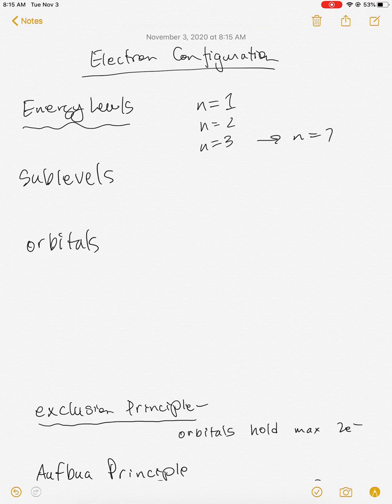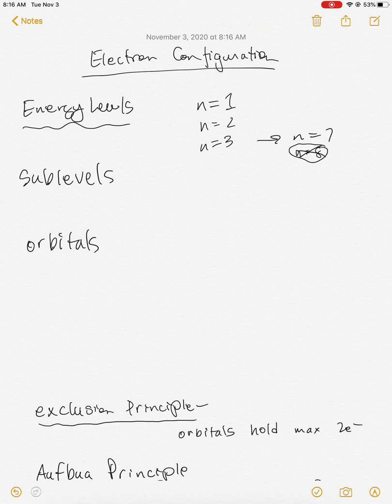Now, kind of an unusual thing here is we have filled the periodic table. So if another element is made, it won't be discovered, it will be made in a laboratory somewhere. We would actually need to go to n equals 8 someday. All right, so don't worry about that right now.